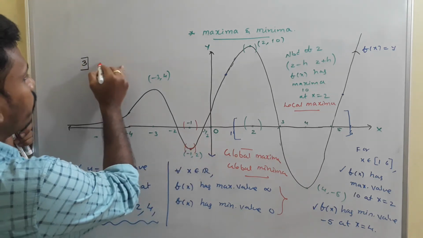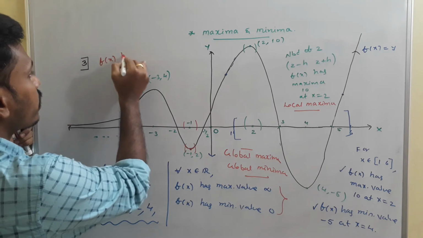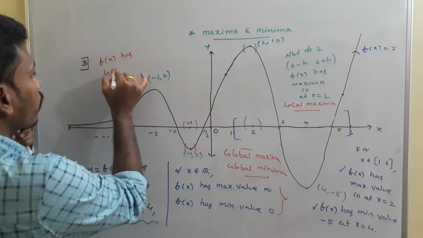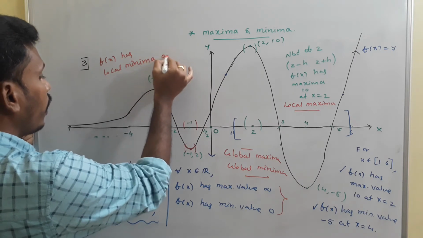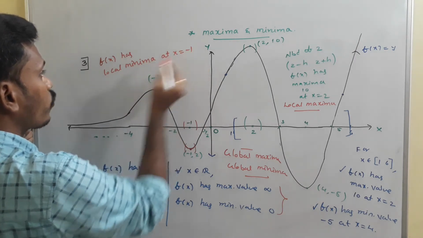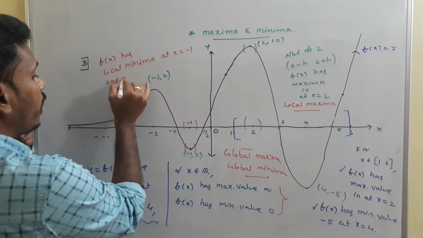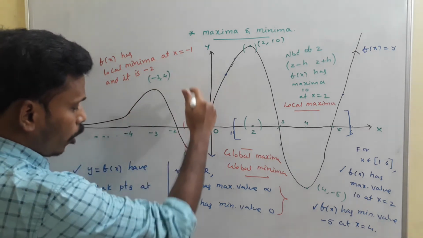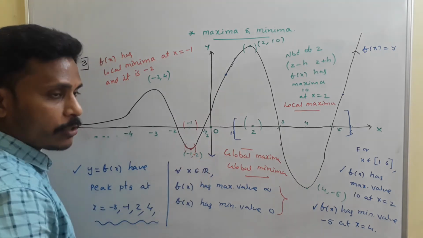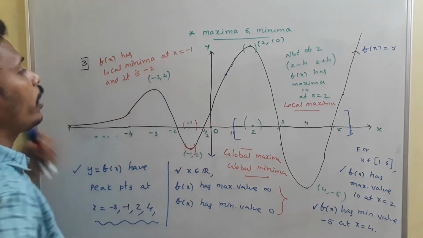So we will say that f of x has local minima at x equals minus 1 and it is not 2, it is minus 2, because below the x axis we need to take the y value as minus 2. And that local minimum value is minus 2.